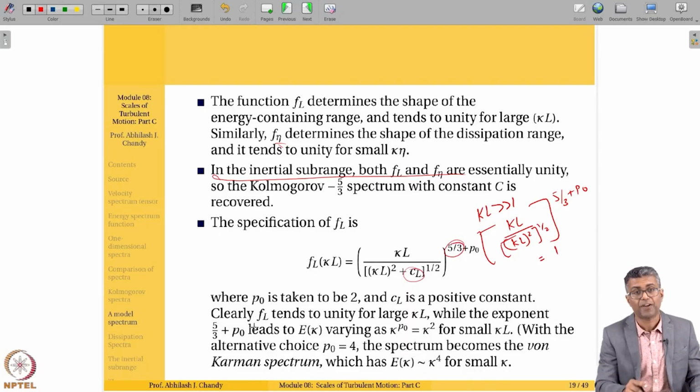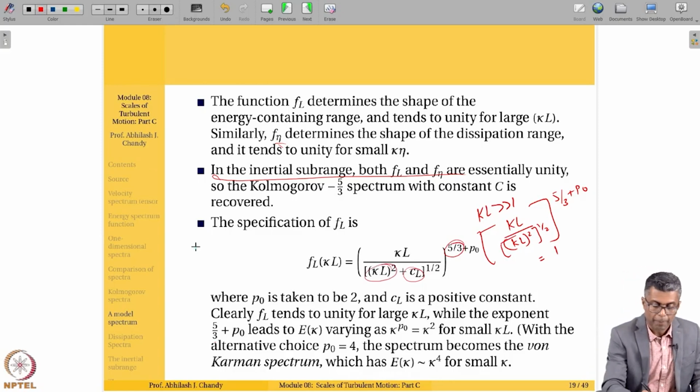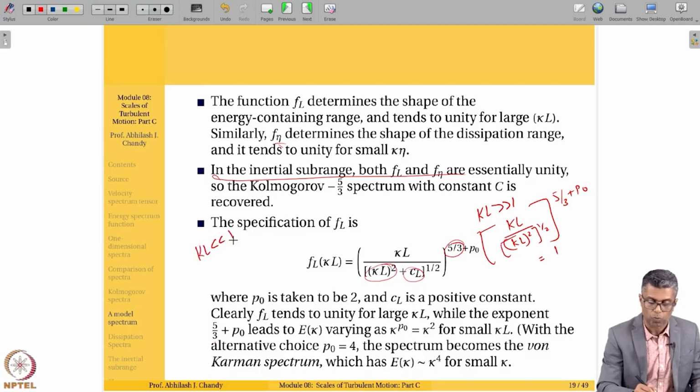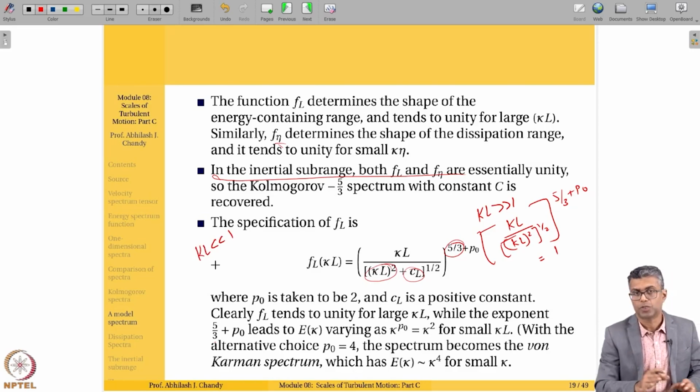So what happens is f_L tends to unity for large kappa L, while the exponent 5/3 plus p0 leads to E of kappa varying as kappa to the p0, which is kappa squared. So for small kappa L, what happens? This drops out, isn't it? When kappa L is much less than 1, you will have C_L in the denominator, which is a constant.